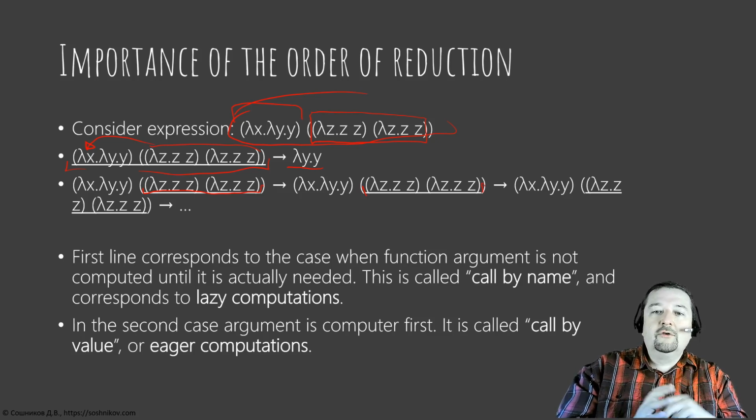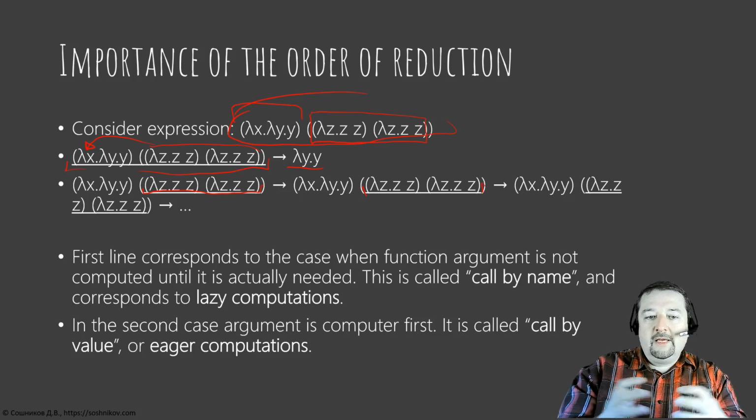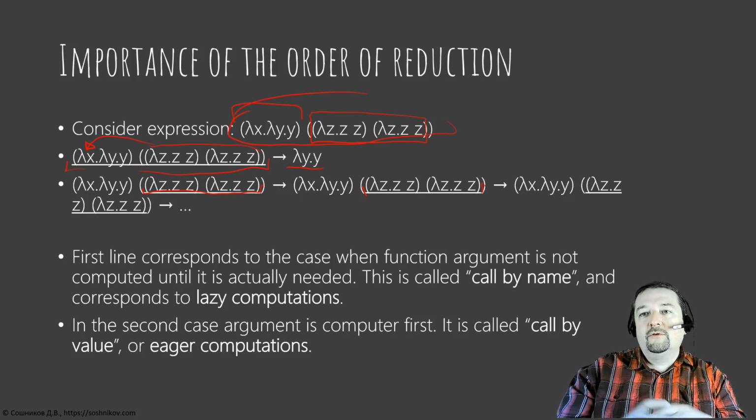Those two particular orders of reduction correspond to very specific cases. The first one, when we consider the outermost redex, the biggest expression to reduce, is called lazy computations, or call by name, because we do not compute the argument of the function.